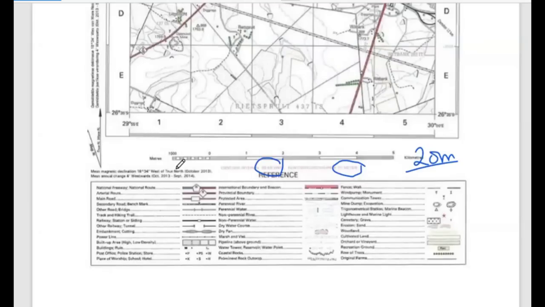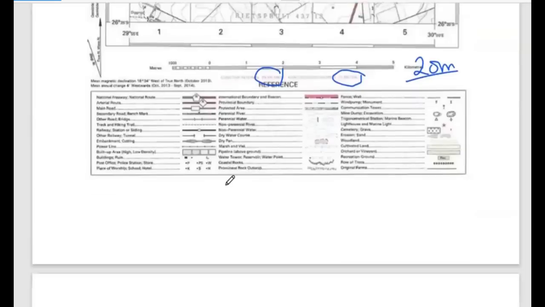Then we are also told the mean annual change. What is the change? The change is 4 minutes westwards as was determined between October 2013 to September 2014. So when you are calculating, you are supposed to find the difference in years.